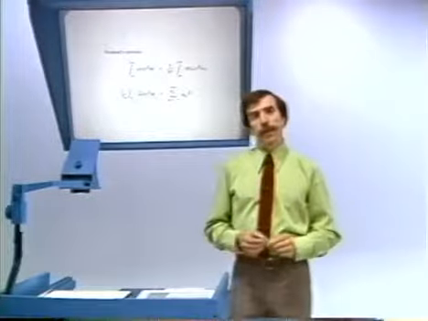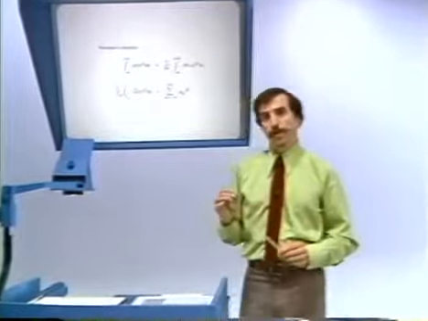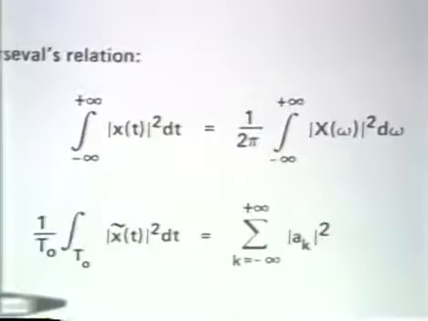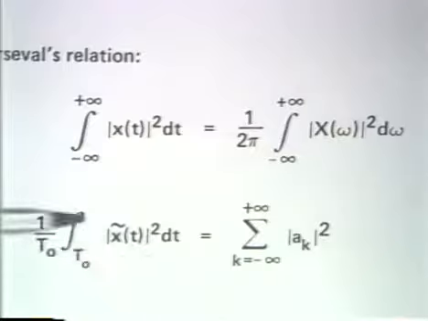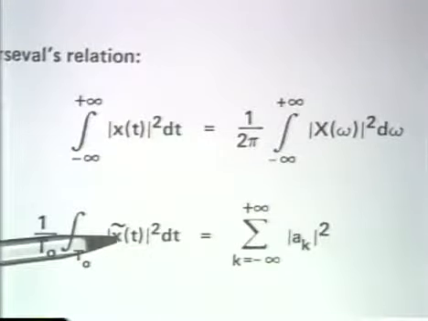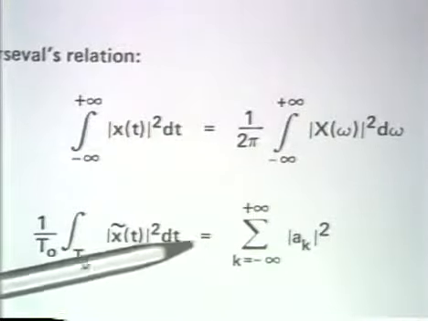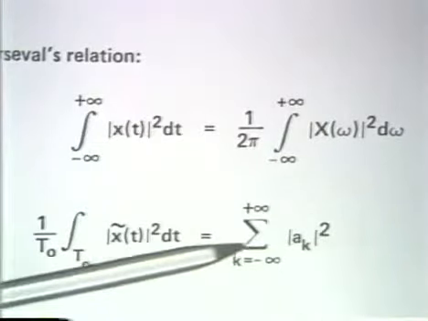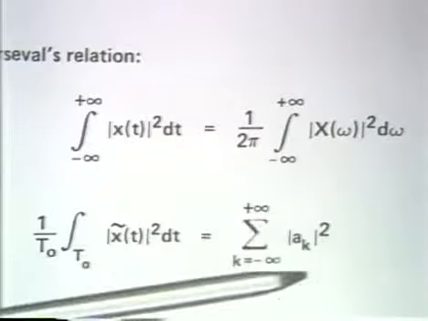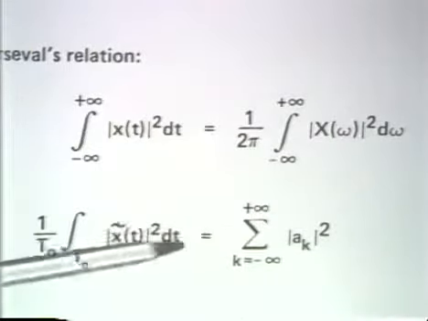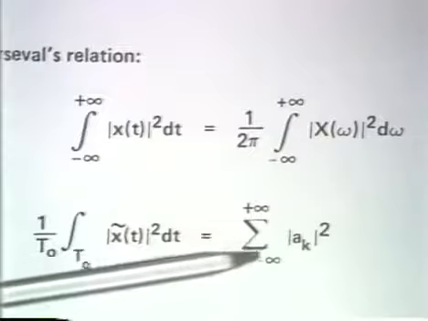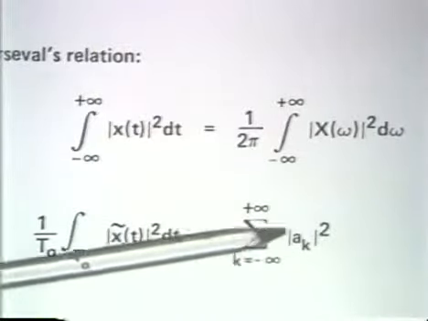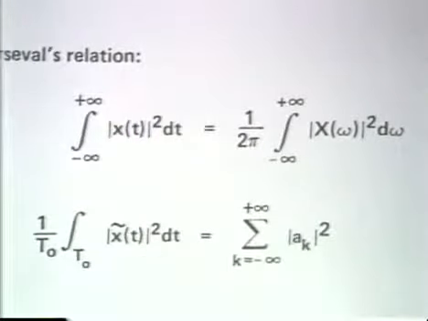However, it can be modified so that Parseval's relationship for the periodic case says essentially that the energy in one period of the periodic time function is proportional, with this as the proportionality factor, to the sum of the magnitude squared of the coefficients. In other words, the energy in one period is proportional to the energy in the sequence that represents the Fourier series coefficients.